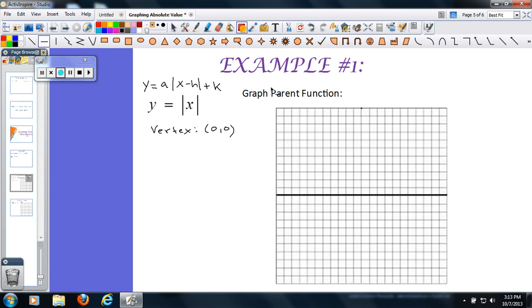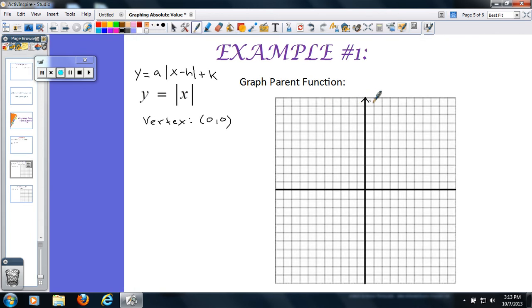So for this problem, I'm just going to put it right in the middle, or pretty close anyways. Okay? So I've got my x and my y axis, and I've got my vertex at the point 0, 0. So I'm going to put a point at 0, 0. Okay?